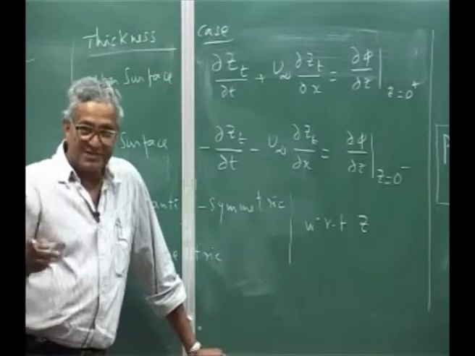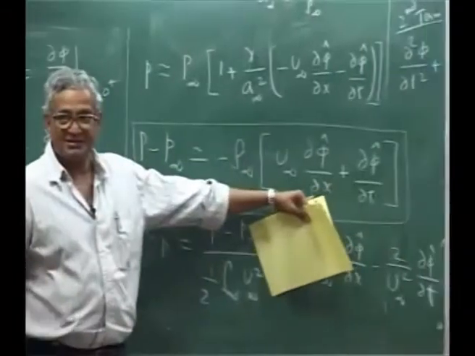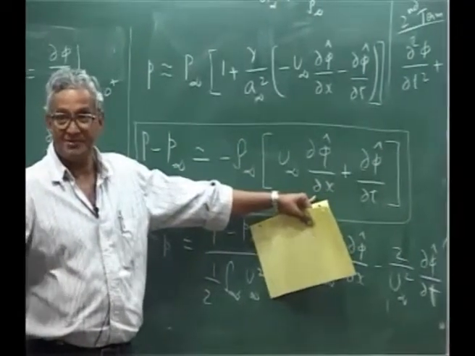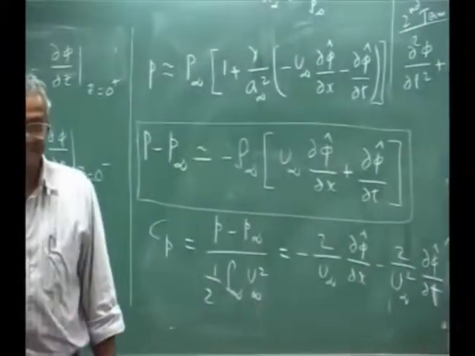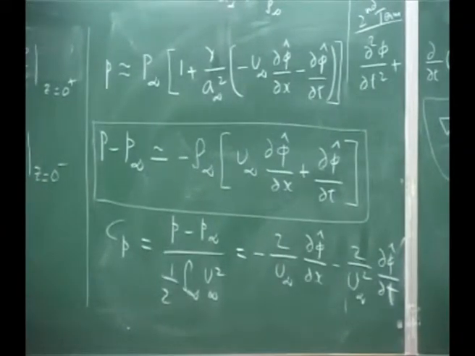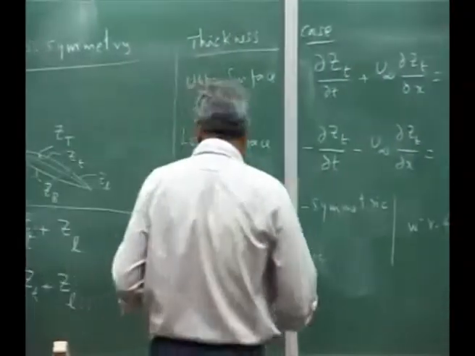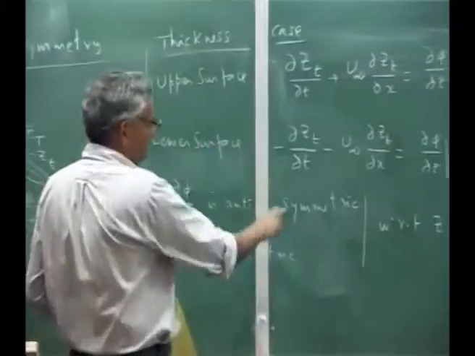If phi is antisymmetric, then this is antisymmetric. Top surface, bottom surface will have different value. Then you can get the pressure difference, and that is what you will get as the upward force. So we will write that part in the lifting case. So now you got it.